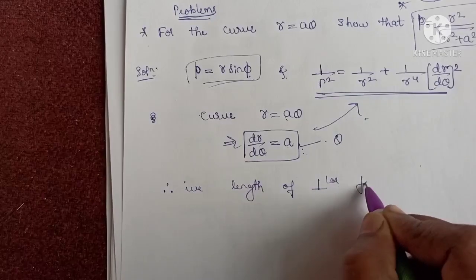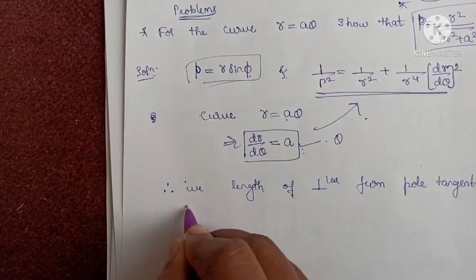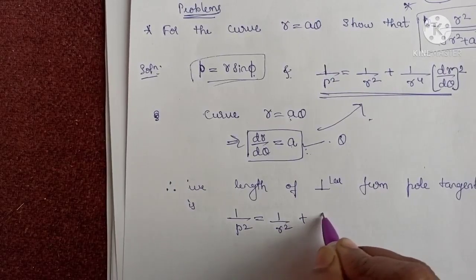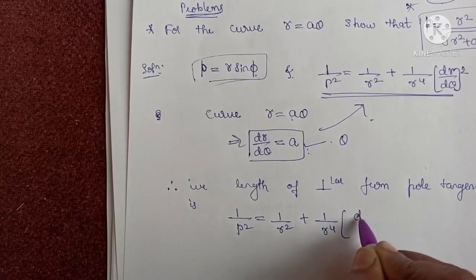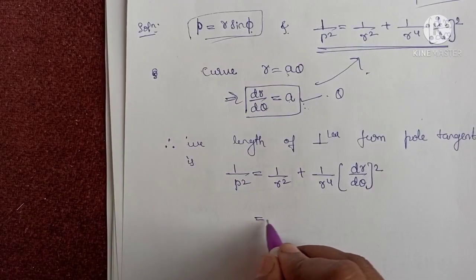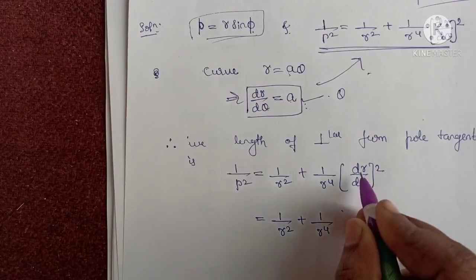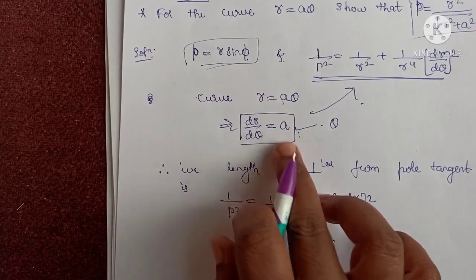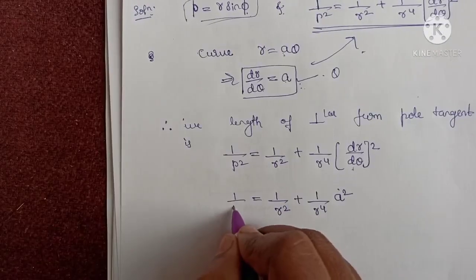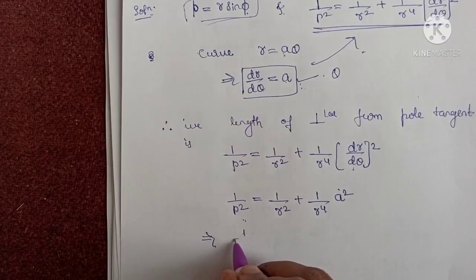So therefore, the length of perpendicular from pole to the tangent is 1 by p square equals 1 by r square plus 1 by r power 4 (dr by d theta) whole square. Substituting dr by d theta value, which is a, and squaring, we get a square.